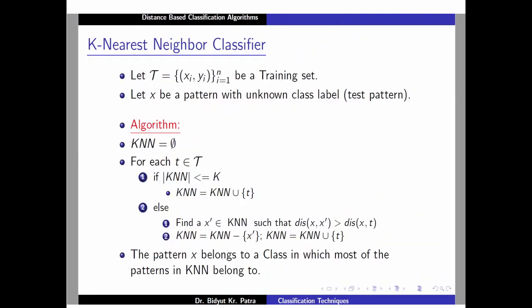So, about 10 years down the line, something was invented: instead of one nearest neighbor, you check the k nearest neighbors. Therefore, the algorithm is the k nearest neighbor classifier.